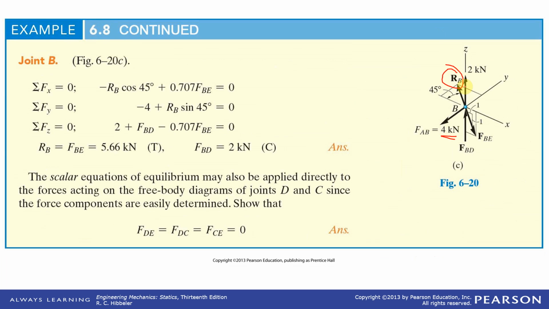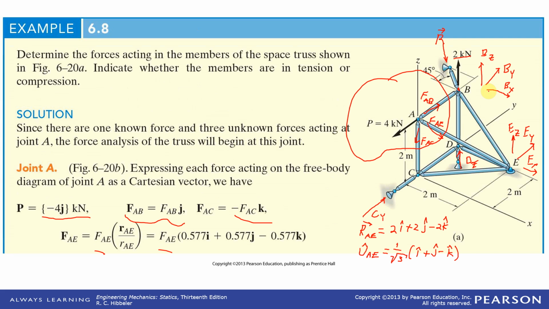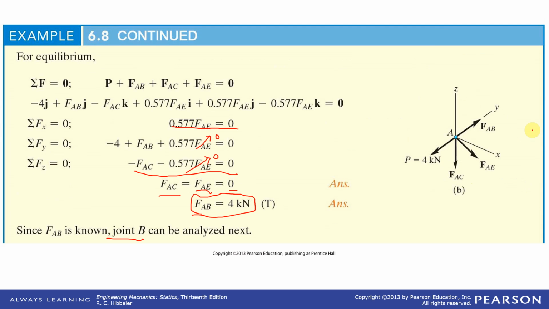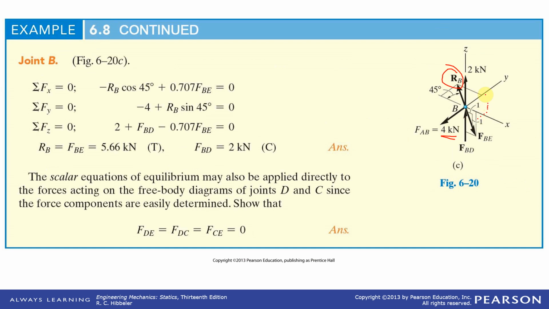Looking back at FBE, we notice there's no displacement in the y direction. It's the same distance in the x and y, so it would be down at a 45-degree angle right here.